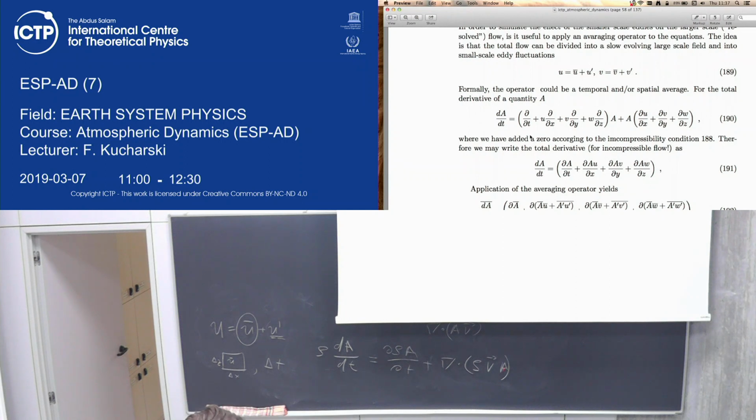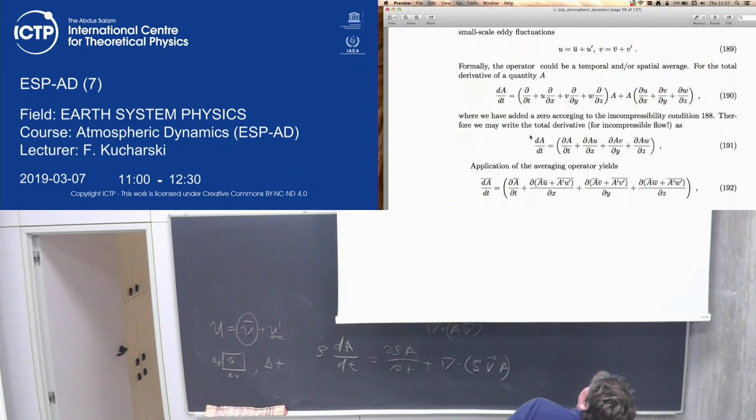But if we allow for compressible effects, in principle we can have triple products. So our treatment becomes much more complicated. One can do it. There's a whole formulation to deal with these kinds of weighted averages, we call them density weighted averages. But it's not needed. It only complicates the analysis here.